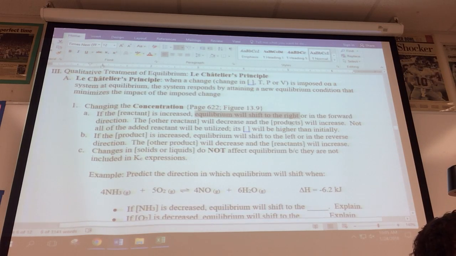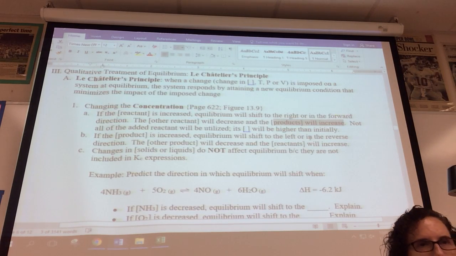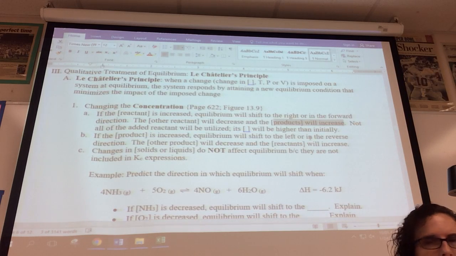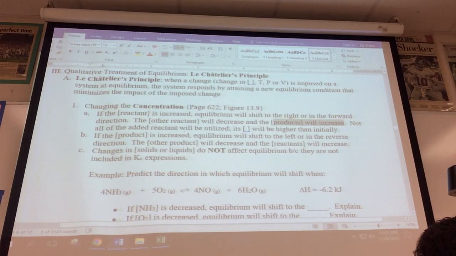If they ask you what increases, just indicate the product will. Don't go after the one that goes down and up and up and down. That sometimes can be confusing unless you have no choice. If you increase product, equilibrium shifts to the left, increasing reactant concentration, decreasing product.